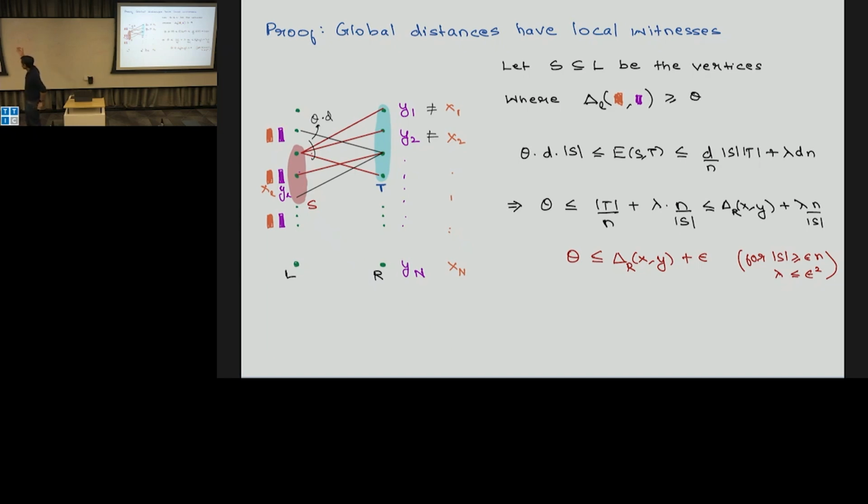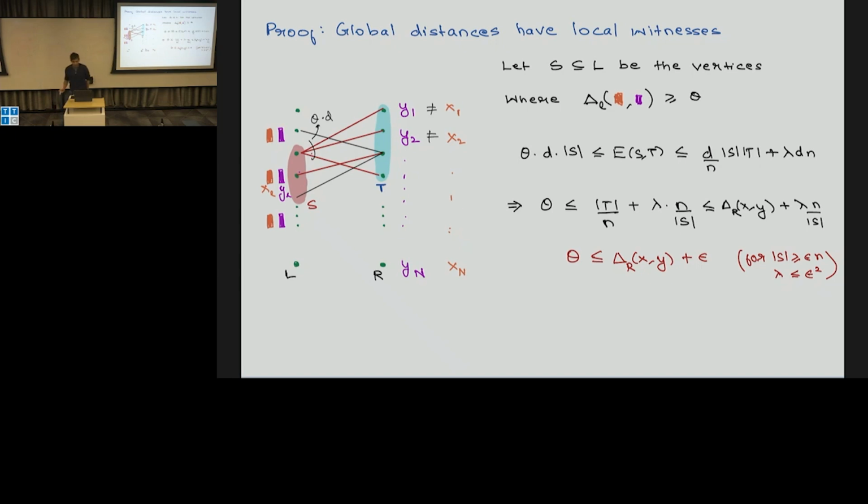And then let's look at all the right endpoints of these edges. Let's call that T. And now I'm just going to count edges. One way to count edges is the number of edges between S and T, which by the expander mixing lemma is something dependent on the size of S, size of T, whatever. And I also know that everybody in S is sending out a lot of red edges. The difference they see locally is theta, so it's sending out theta times D red edges.